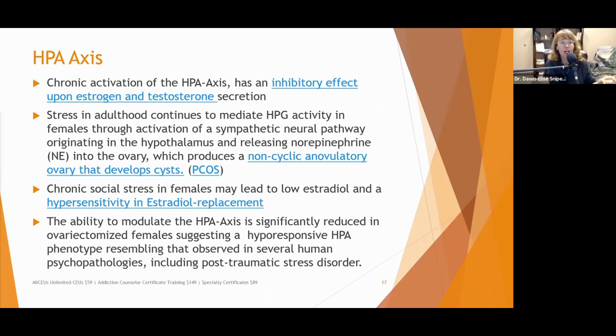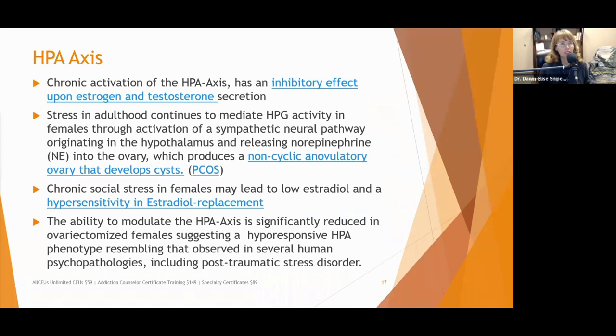Chronic stress causes the release of norepinephrine into the ovaries, which tells the ovaries, you know what? There's a threat out here. This is not the time to procreate. The ovary does not ovulate, which produces cysts, which has been linked to the development of polycystic ovarian syndrome in a lot of women.